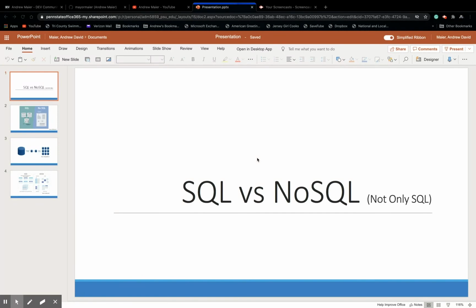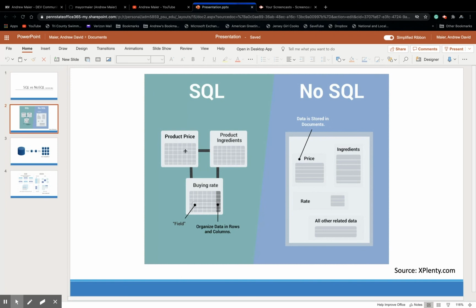Like I said, SQL, the language, is used for relational databases, and they're typically table-based, and these tables are related to each other and interconnected with a predefined schema.